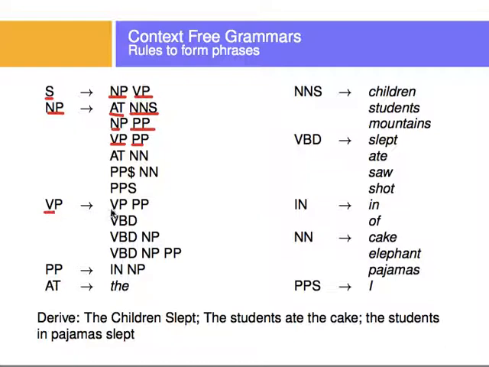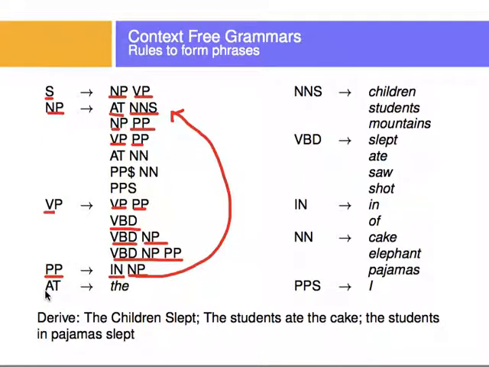A verb phrase can be divided into these two chunks, or just this one thing, just a plain verb in the past tense, or these two chunks, or these three chunks here, right? So that is one division of a verb phrase. A prepositional phrase can be divided into these two, and we can see that NP then in turn can be divided into these many ways, right? So this can be recursively occurring.